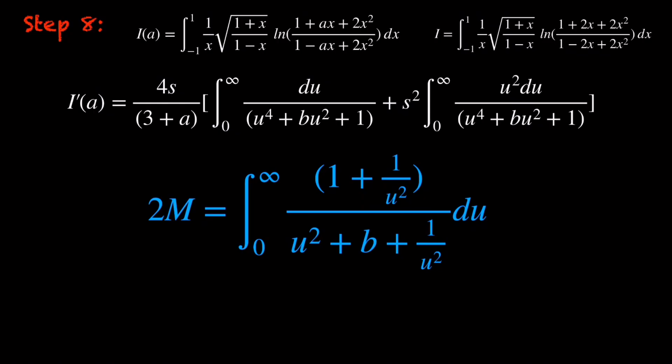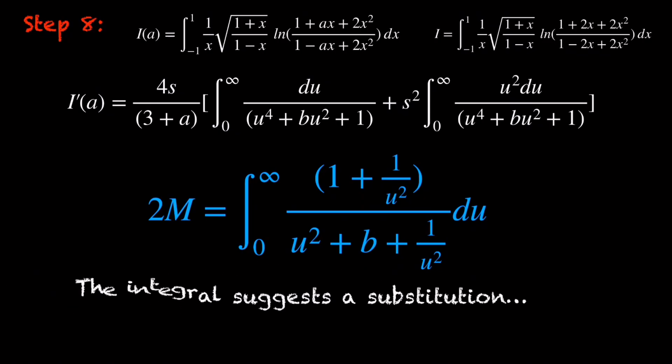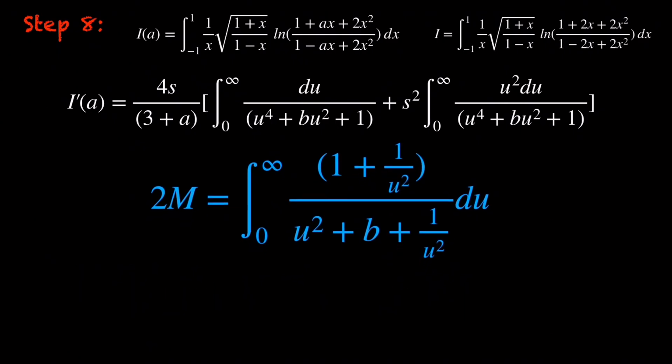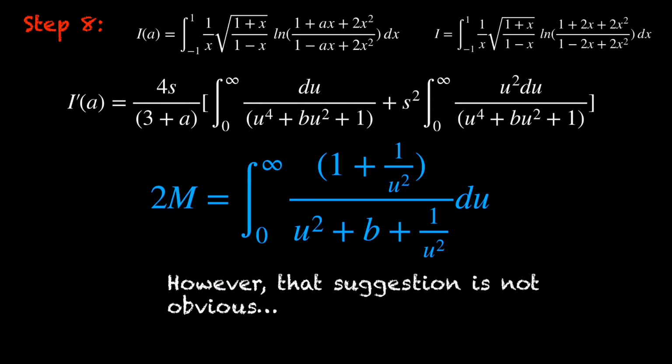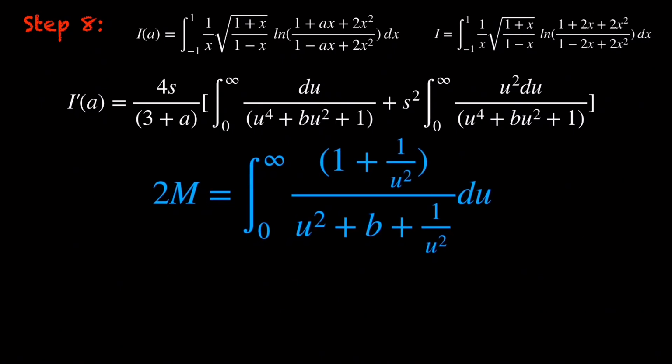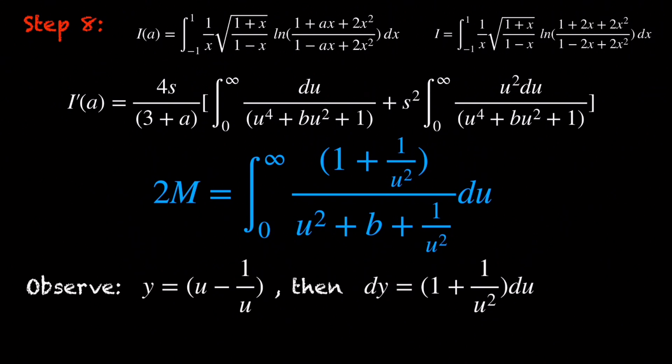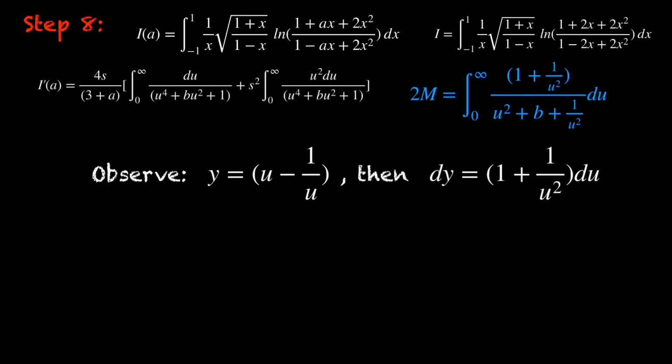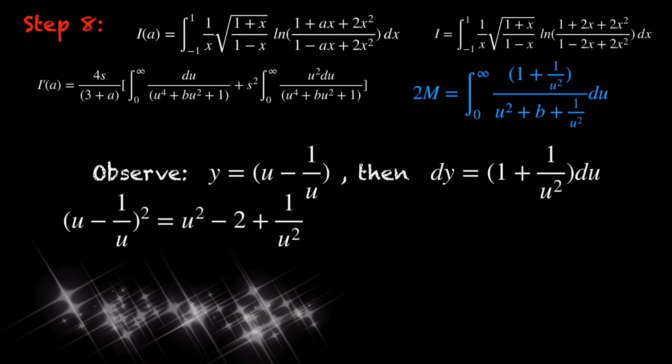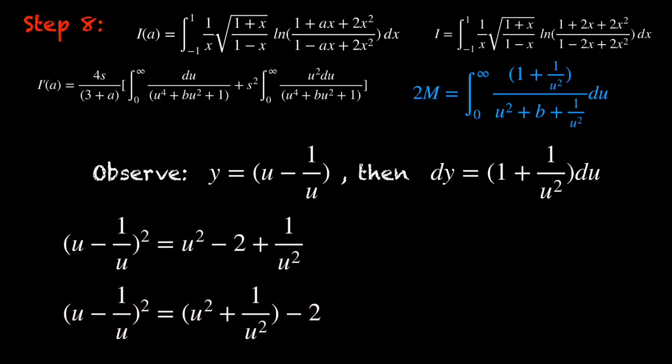And at first it looks like we've made a mess, but the integral suggests a substitution, one that is not quite obvious. Observe that if y is equal to u minus 1 over u, then dy is equal to 1 plus 1 over u squared du.